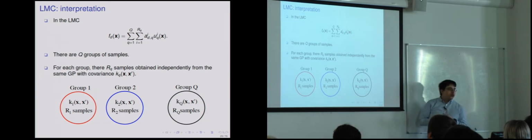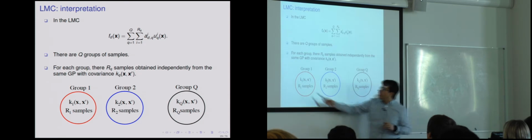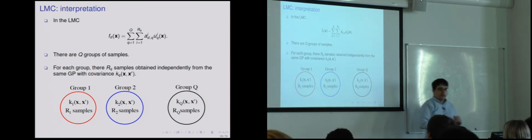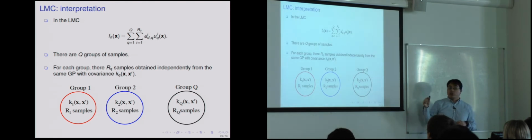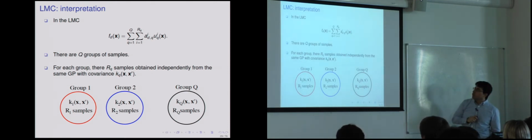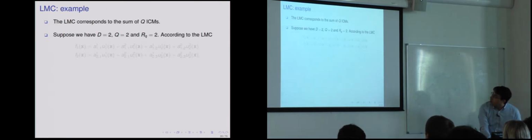And those R sub q samples are obtained from the same Gaussian process with covariance function k1, k2, k capital Q. So this is the way in which we could understand our equation there. Is that clear? Okay, good. Right, so this is the linear model of coregionalization.